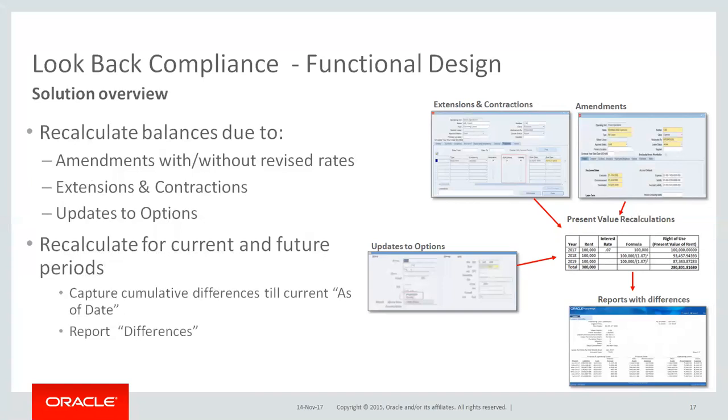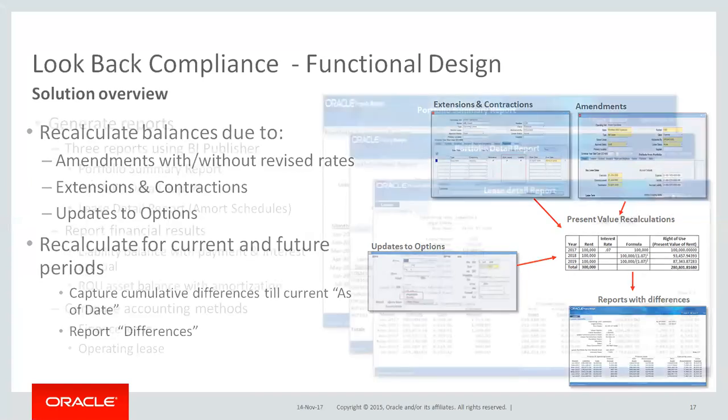So all these changes for the leases, they could be changes to the option amounts. All these changes need to be maintained and captured, and the effect of these changes on the calculations for the coming periods needs to be accounted, or needs to be included into this report. That is what we are doing here. We quantify these changes, and we also report these changes.